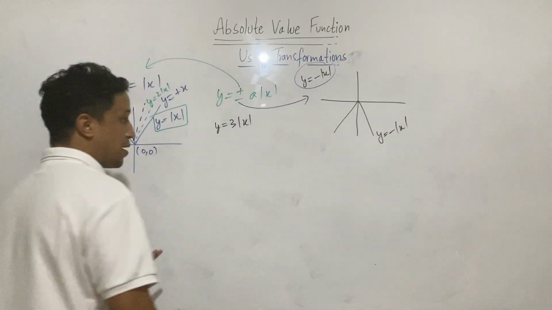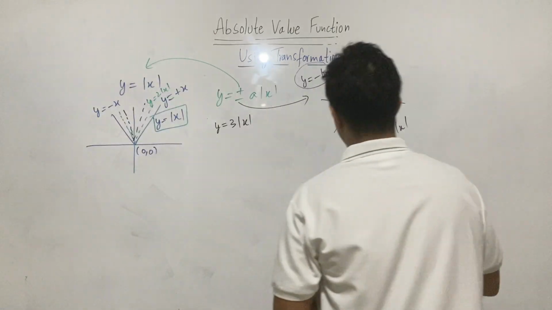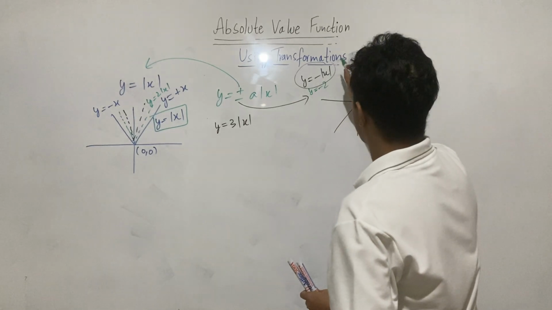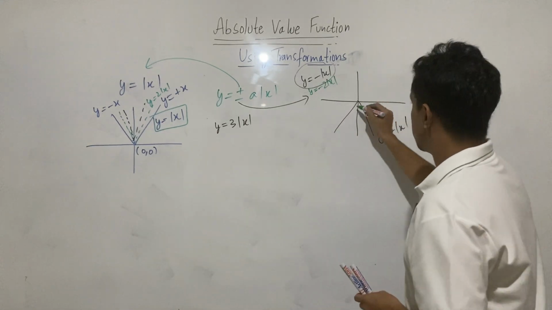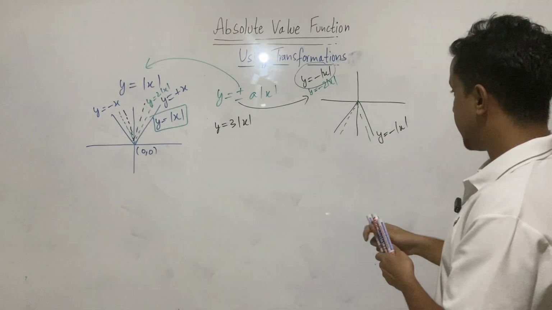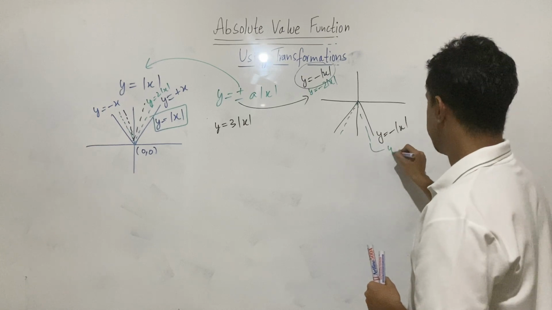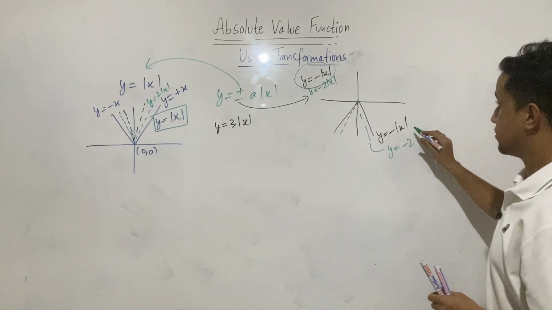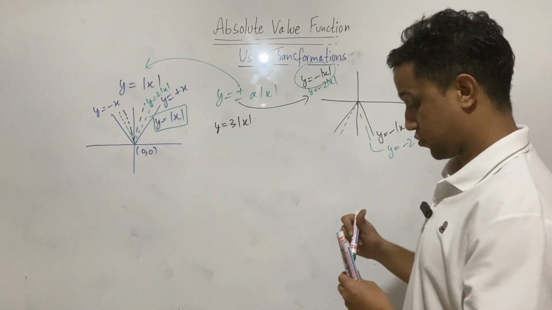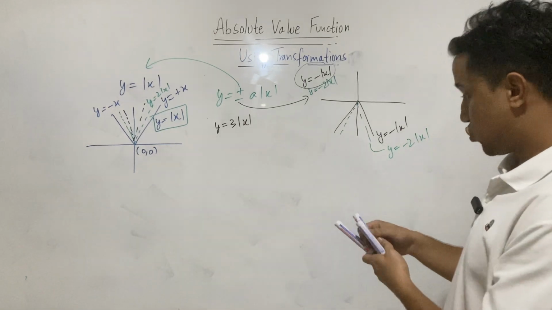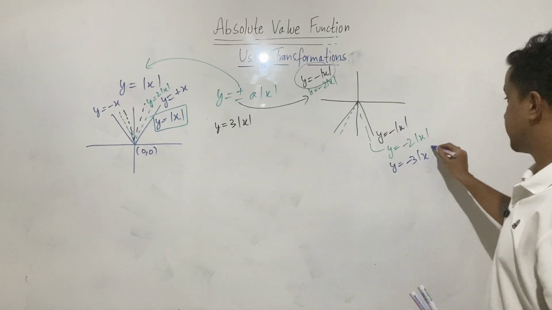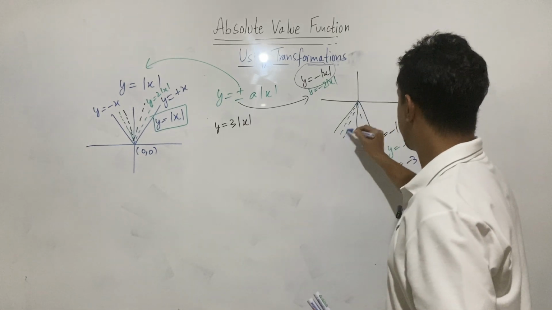Same things here. If you draw it for y equals negative 2 times the parent function x, then your graph will get more compressed. Then for negative 3 times the parent function, it will get more compressed.